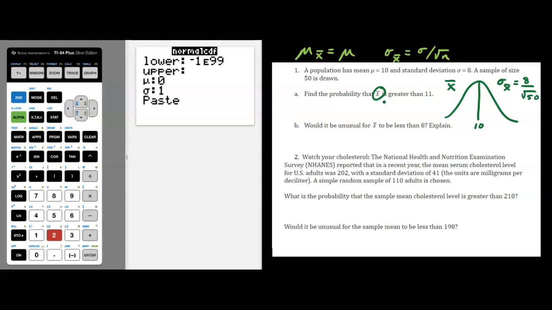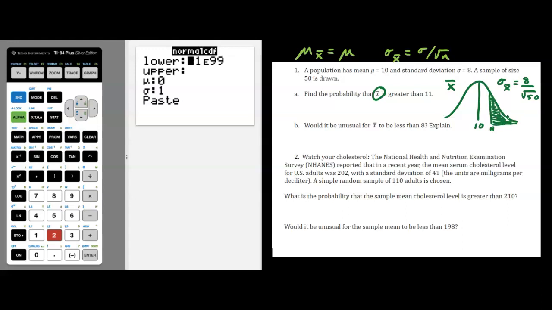So now we can answer our question. It says find the probability that x bar is greater than 11. Well, if this is a normal distribution with a mean of 10, then 11 is going to be somewhere on this side. And the probability that x bar is greater than 11 is the probability that x bar is anywhere in this shaded region right here.